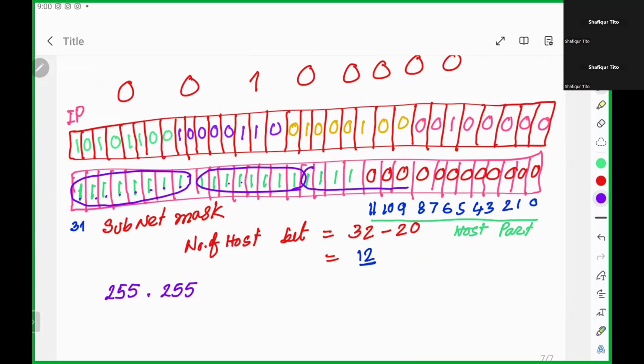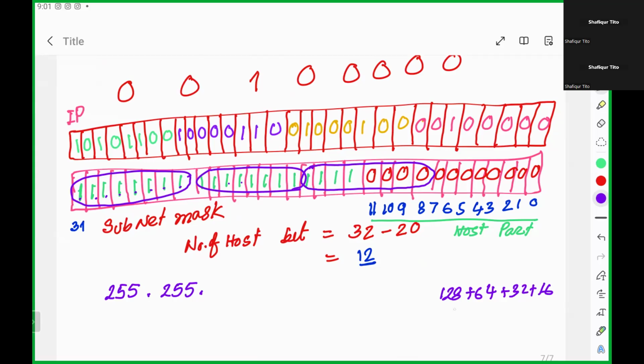This 4 and this 4 will be grouped together. Then I need to find out the value. So it is 128 plus 64 plus 32 plus 16, right? So we can do the calculation: 128 plus 64 plus 32 plus 16.